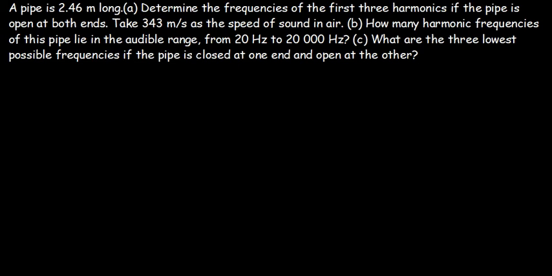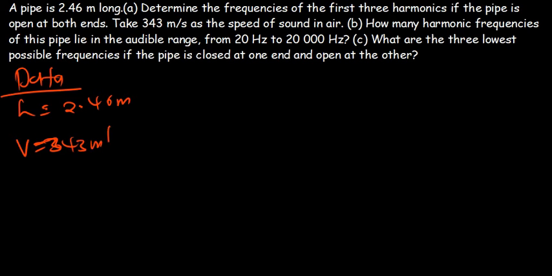Okay, so now let's go ahead and gather our data. From the information we have, I've been given that the length is 2.46 meters. What else? The velocity is 343 meters per second, and we want to find the frequency.